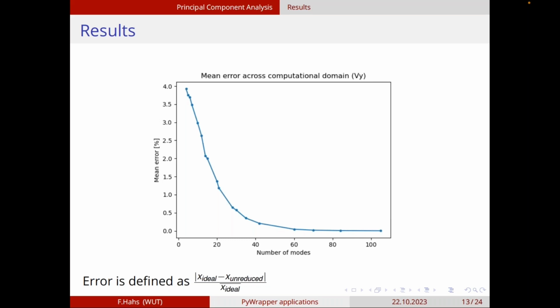With more ranks in your reduction, the solution will be more and more accurate. So maybe the question is how many ranks you need to guarantee a solution for convergence.